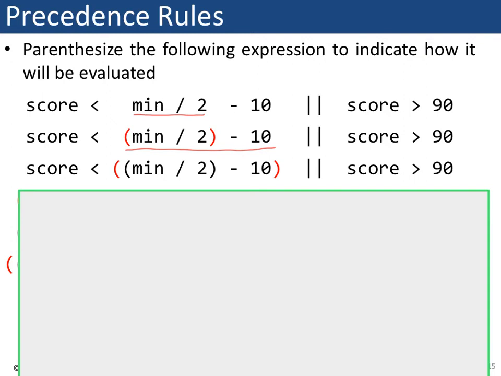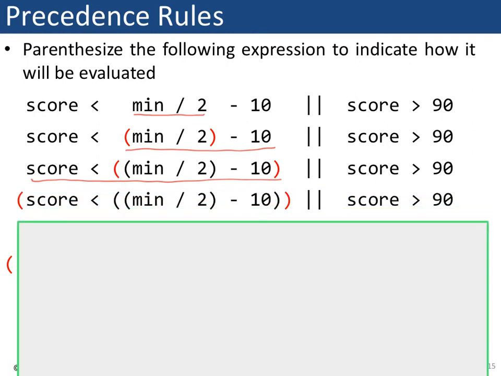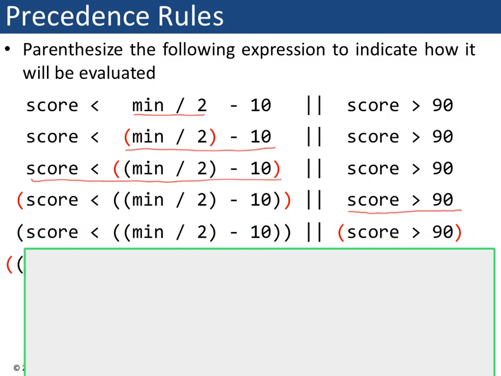And when we have multiple operators of equal precedence, we work from left to right. So this would be the next expression of highest precedence. Now we have another comparison operator as the highest precedence. And finally, we have the logical OR operator combining both expressions.